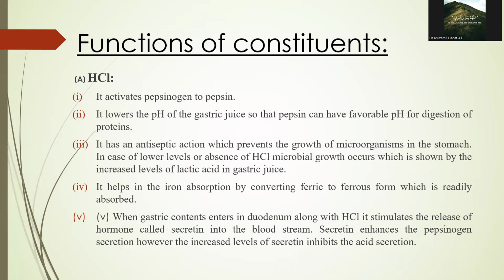It kills ingested microorganisms. Number 4, iron absorption. It converts ferric Fe+3 to ferrous ions Fe+2, which is the absorbable form of iron. Number 5, hormonal role. When acid enters the duodenum, secretin is released, and secretin enhances pepsinogen secretion. However, the increased level of secretin inhibits acid secretion.